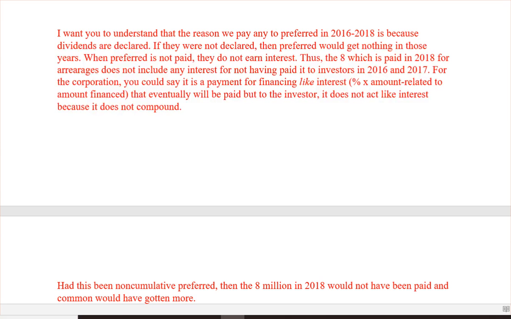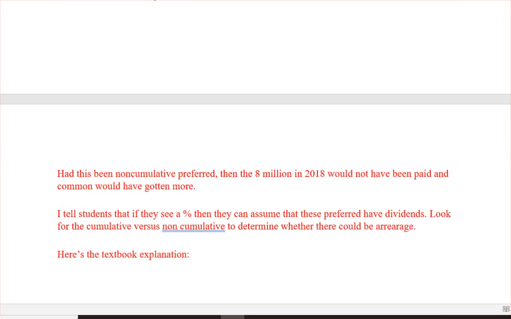You can't make a comparison in investing in bonds versus in preferred in that way because the interest accumulation doesn't occur. An investor in preferred stock, it's a little bit more like interest, but it's not exactly interest because you have no compounding and you have no guarantee that you'll be paid it, right?